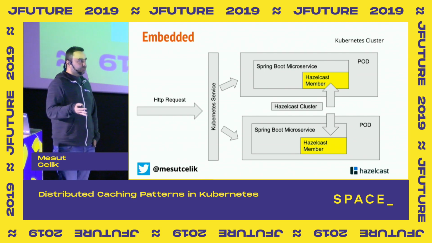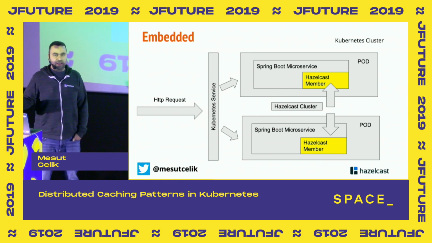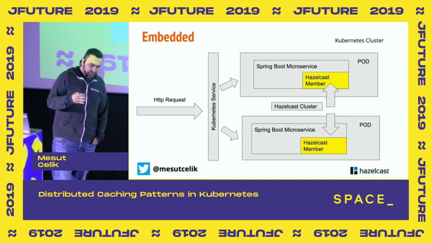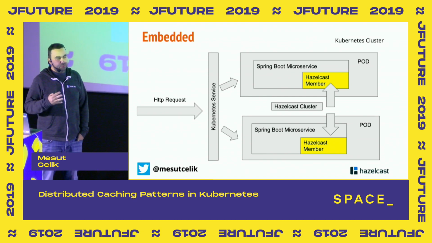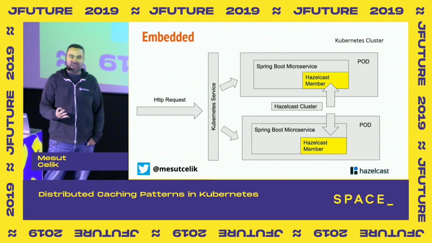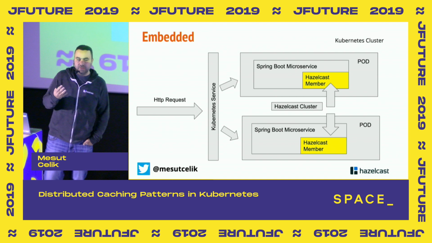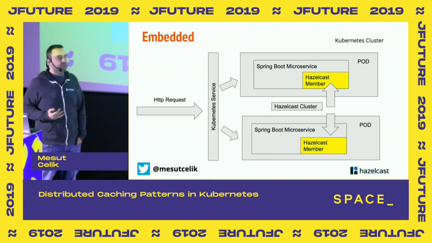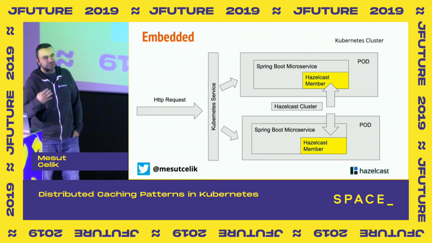The beauty of this one is that you don't need to depend on any external cache server or cache cluster. That is good, but it can be bad at the same time, because you might not want to keep your cache data inside your microservices' JVM. So that's one disadvantage. And the other one is that if you scale your replicas in a Kubernetes environment, those microservices are stateless.